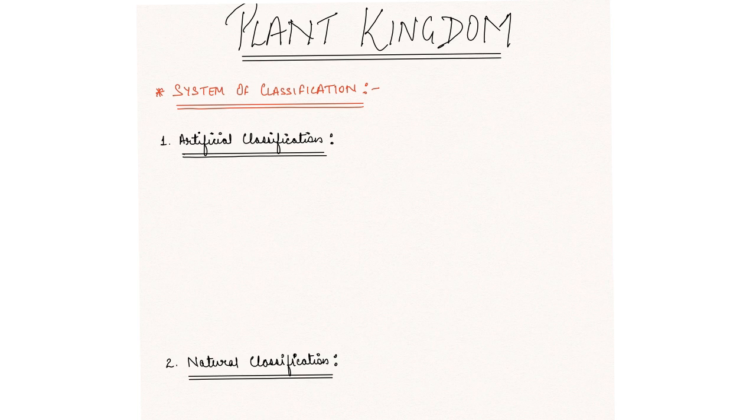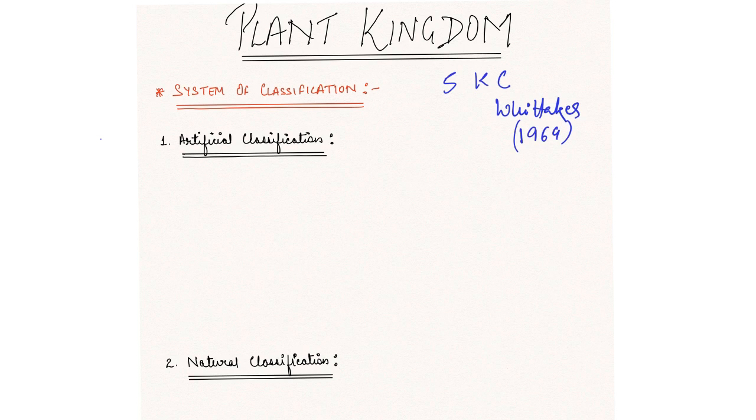So basically in the previous videos we studied various classifications of kingdoms, and the one which we take into consideration is the 5 kingdom classification, right? It was given by Whittaker in 1969.